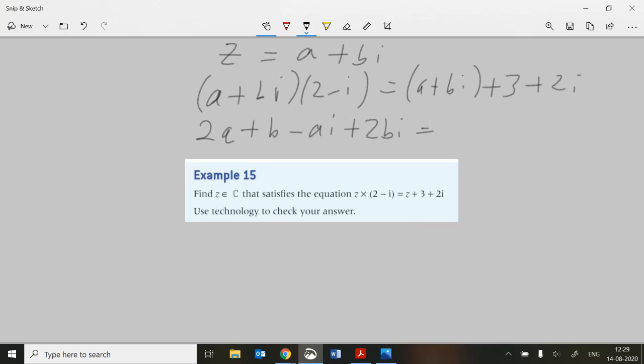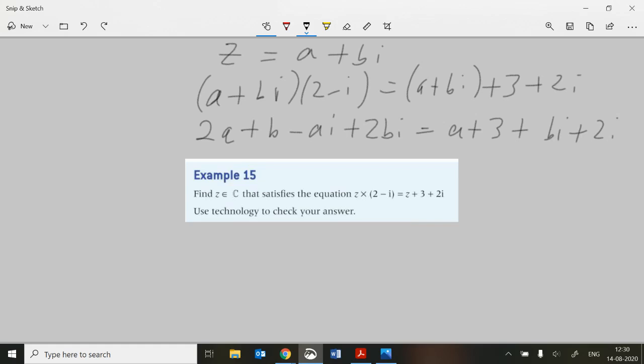Okay, and on the other side, we're getting a plus 3 as our real part, and we're getting bi and 2i as the collecting together of our imaginary parts. Okay, so now we've got 2ab on the left-hand side.